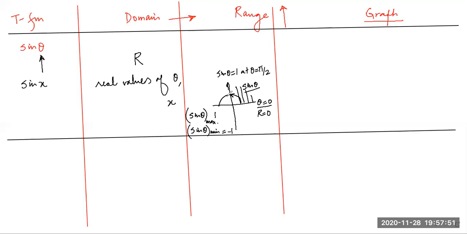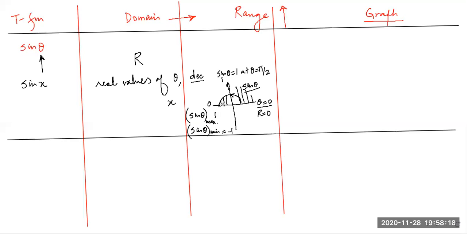But as theta further increases, the value of sine theta starts decreasing. Why? Because perpendicular is decreasing. Hypotenuse remains the same. So here it decreases to 0. So it increases from 0 to 1, then decreases from 1 to 0.